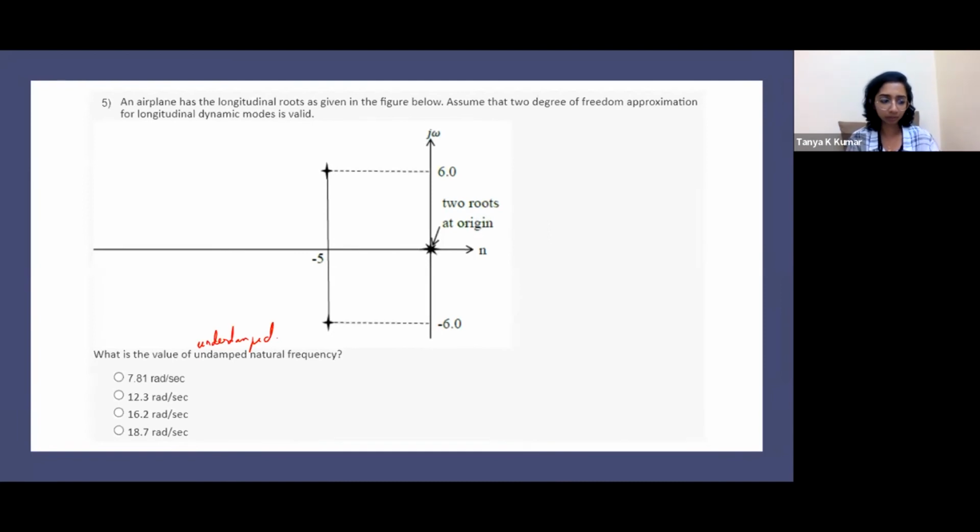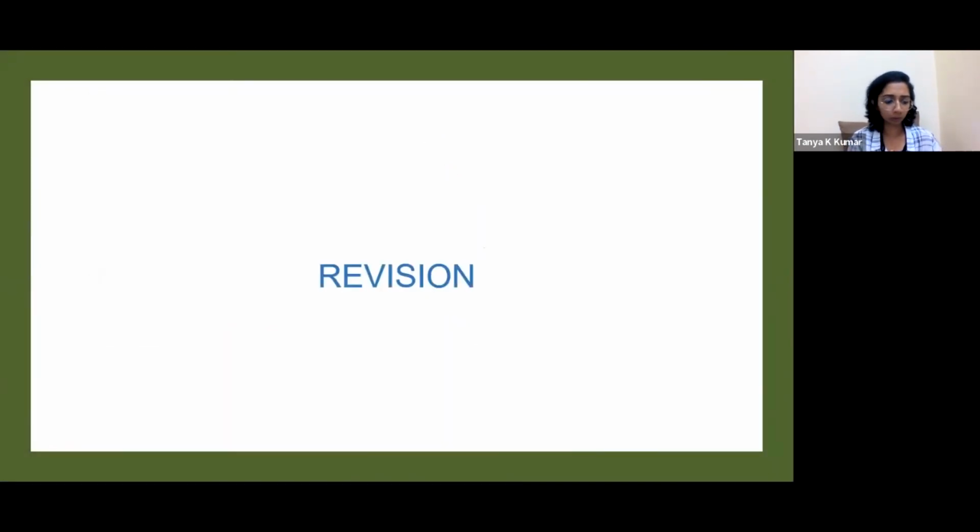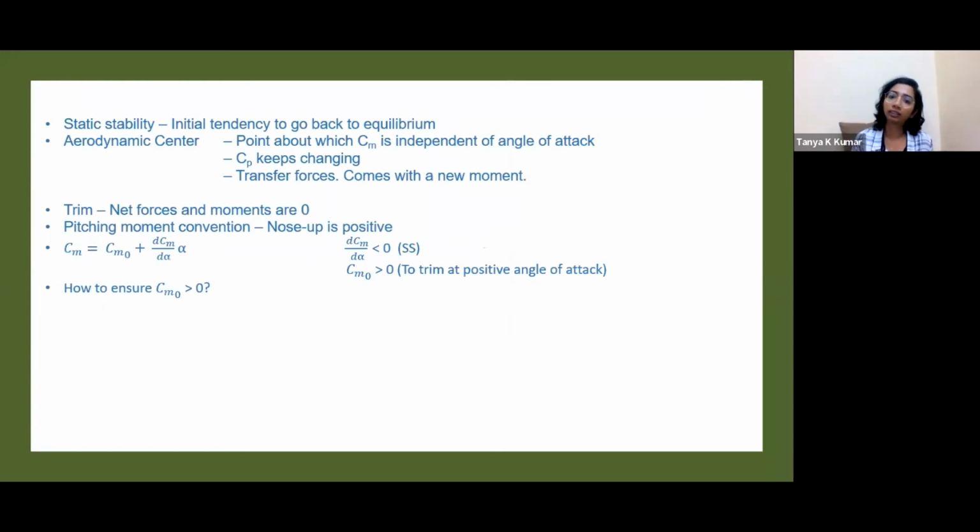Okay, so now we'll brush over the concepts of the previous weeks, that is the static stability part. We initially began this course with what is static stability. Static stability was the initial tendency of any system to go back to its equilibrium when it is subject to some disturbance. It was just the initial tendency.